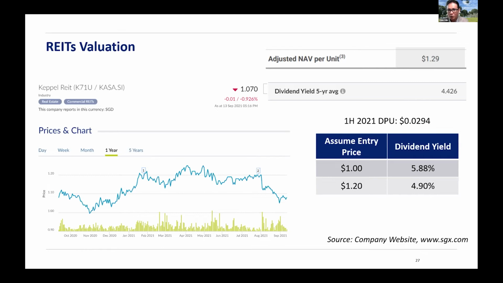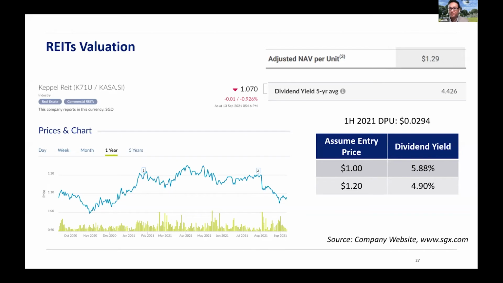I am not too sure, especially if you are talking about Grade A office right smack in the CBD area. Definitely not in Singapore. I can't really say much for Malaysia and other places. My impression is no, to get 5% is not so easy.